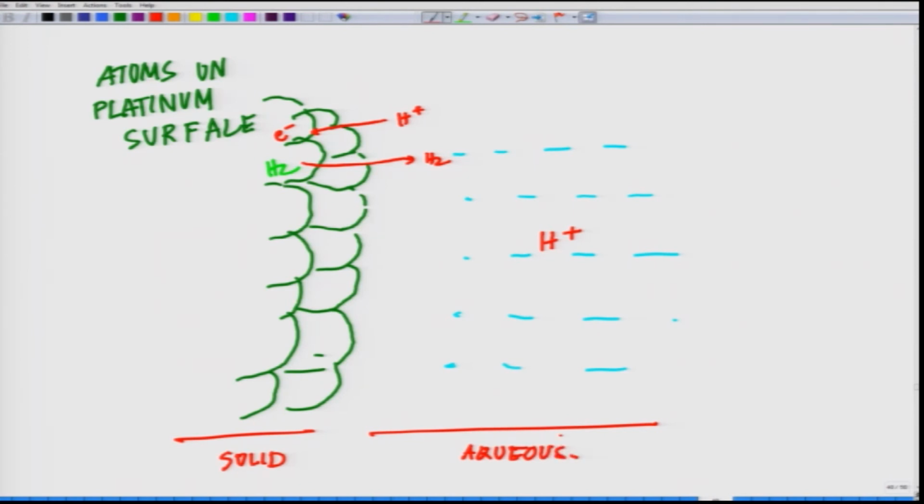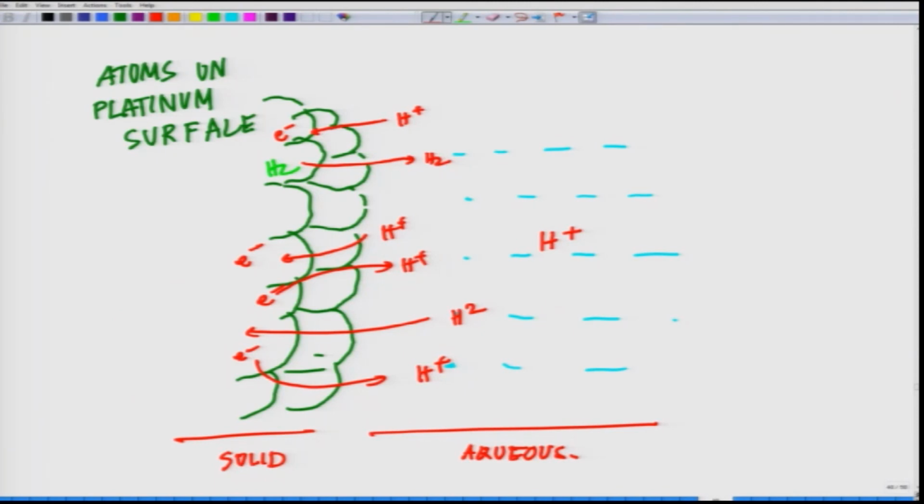Similarly, some of these H plus ions are coming here, giving away the electron, and vice versa, the electrons are going there, and the hydrogen from here which is getting evolved is coming back onto the surface of platinum. Similarly, there are electrons which are going and making it hydrogen.